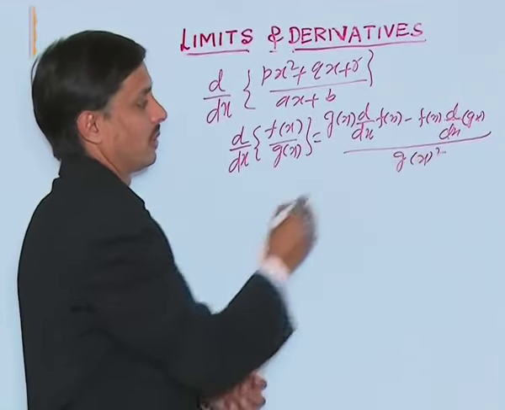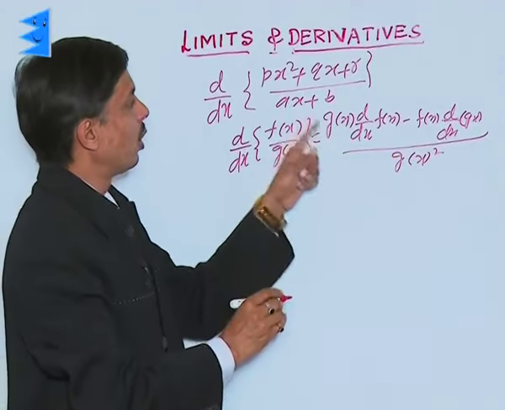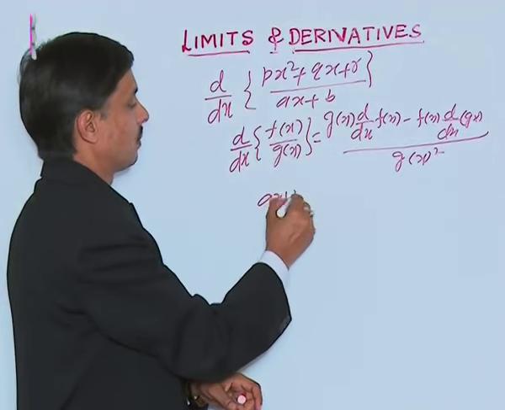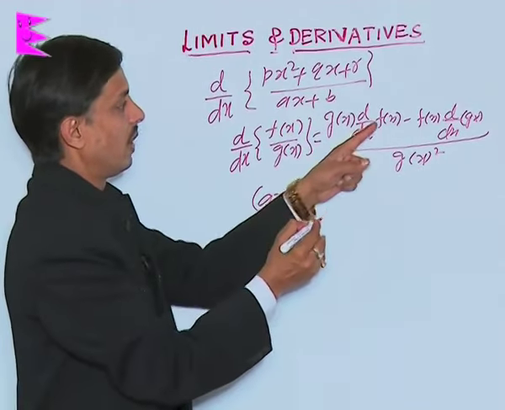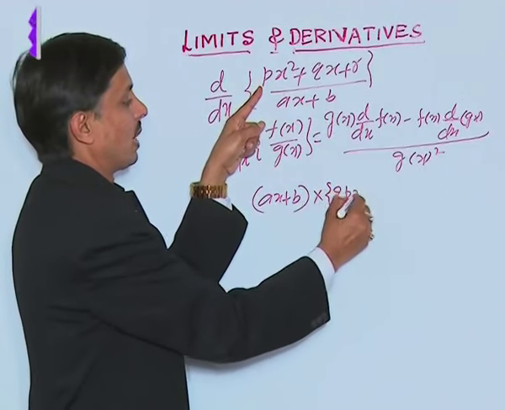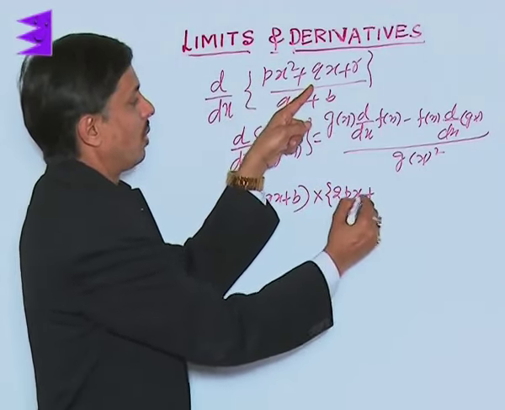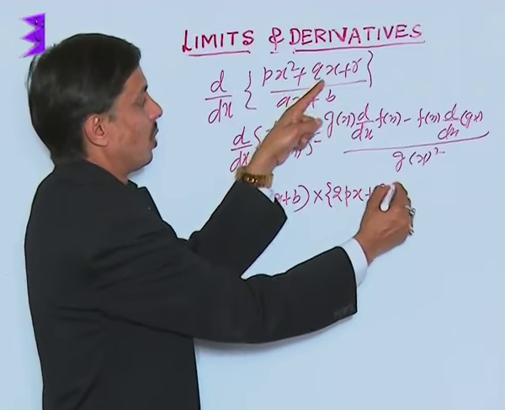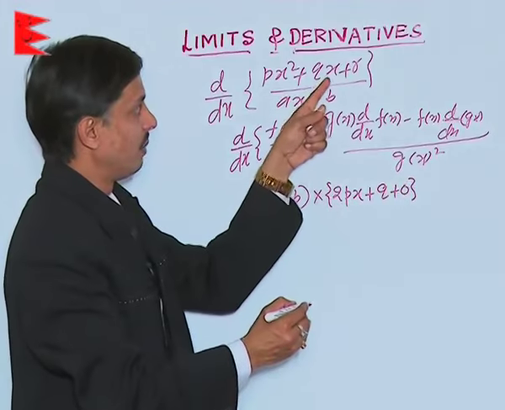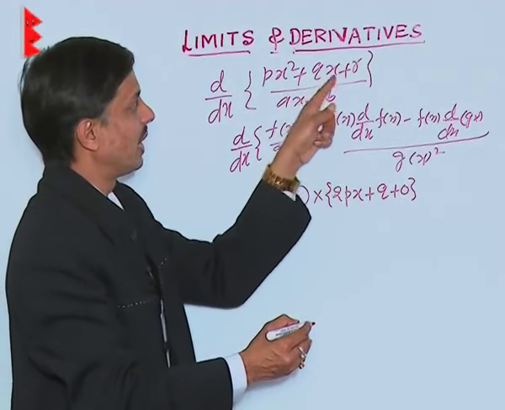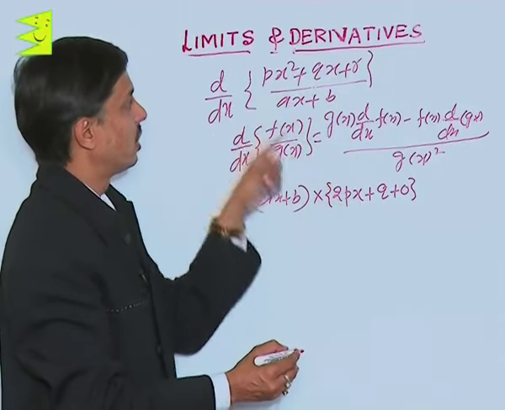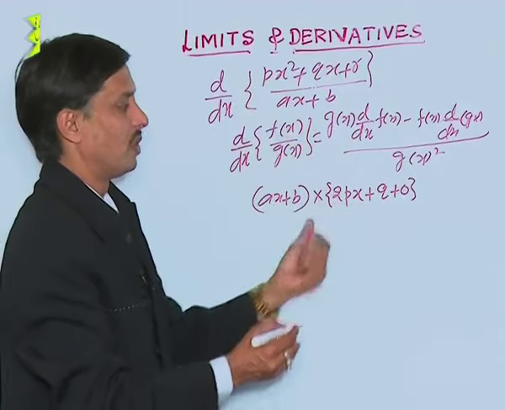whole square. So to apply it, the denominator is ax plus b, into the derivative of the numerator: the derivative of px square is 2px, plus the derivative of qx is q, and the derivative of r, a constant number, is 0. The derivative of x is 1, that's why the derivative of qx becomes q. The derivative of x square is 2x, so the derivative of px square becomes this.